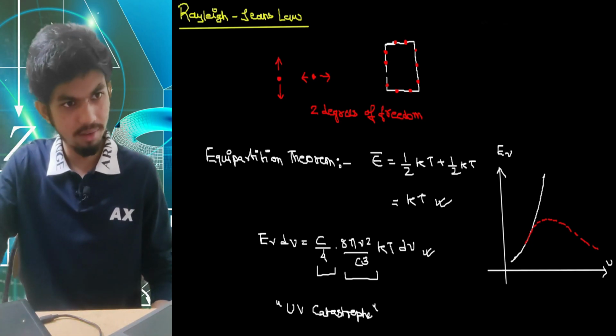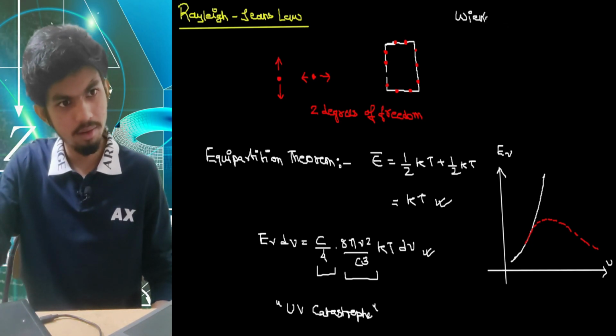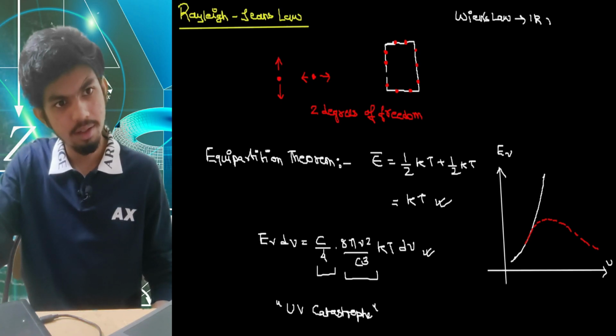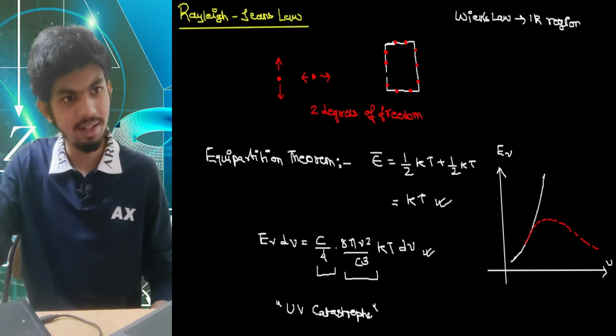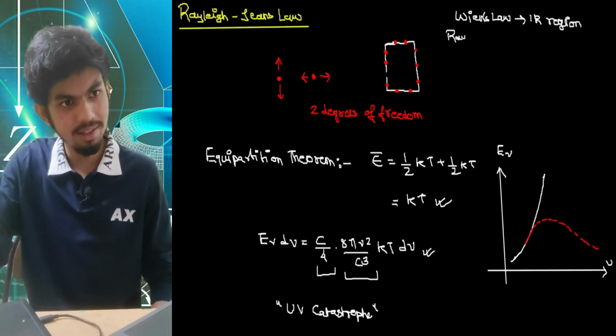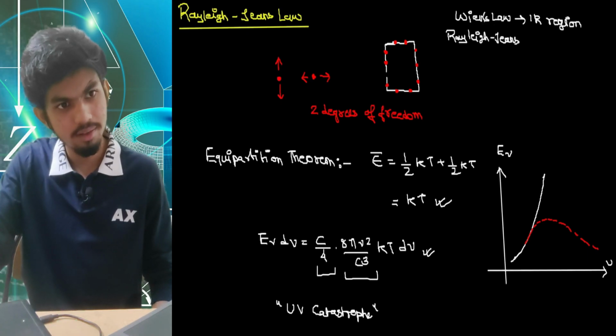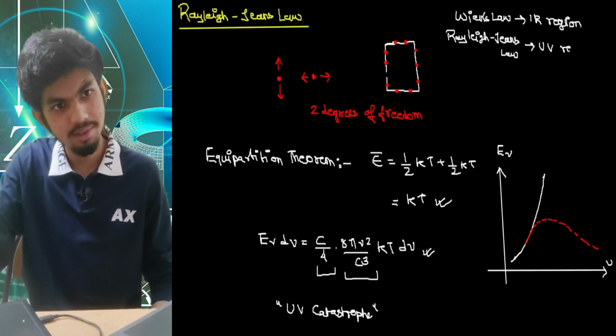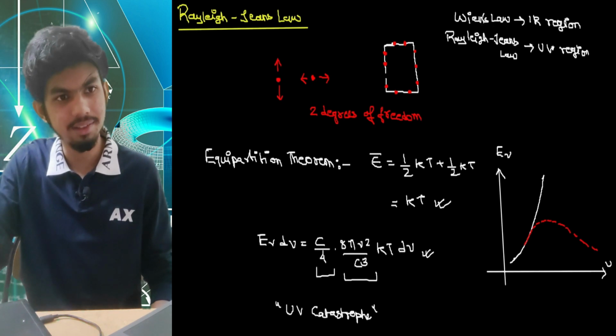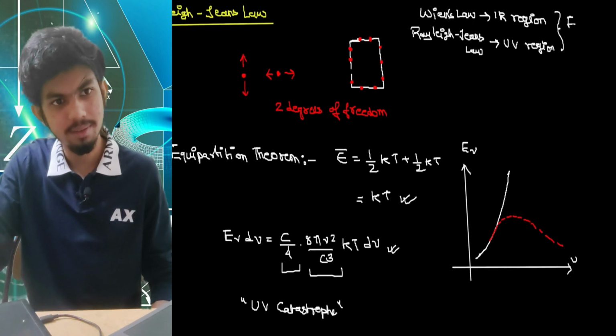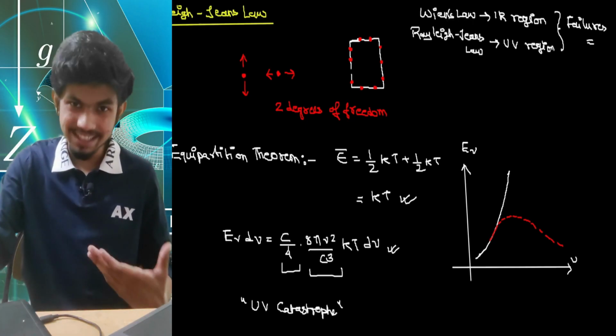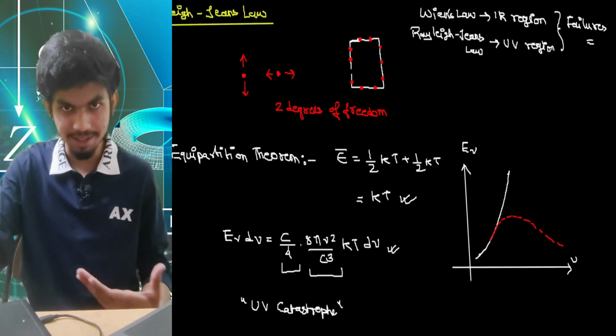So Wien's law failed in the IR region, and Rayleigh Jeans Law failed in the UV region. These are the failures which they encountered. So we still don't have a law which can explain the curve for black bodies completely.